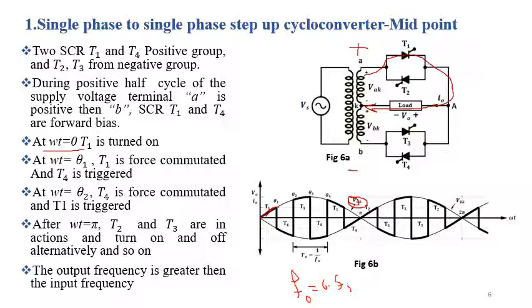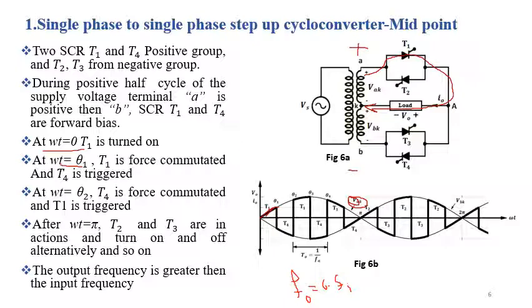So at omega t equal to theta 1, T1 is turned off by force commutation and T4 is triggered.